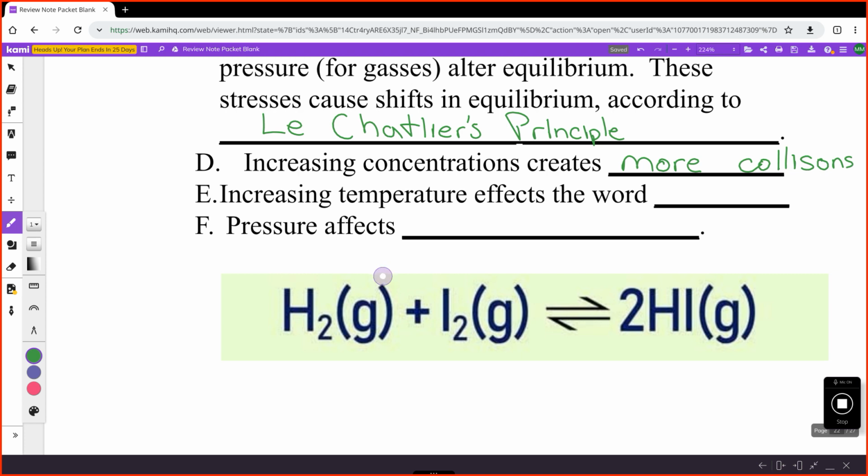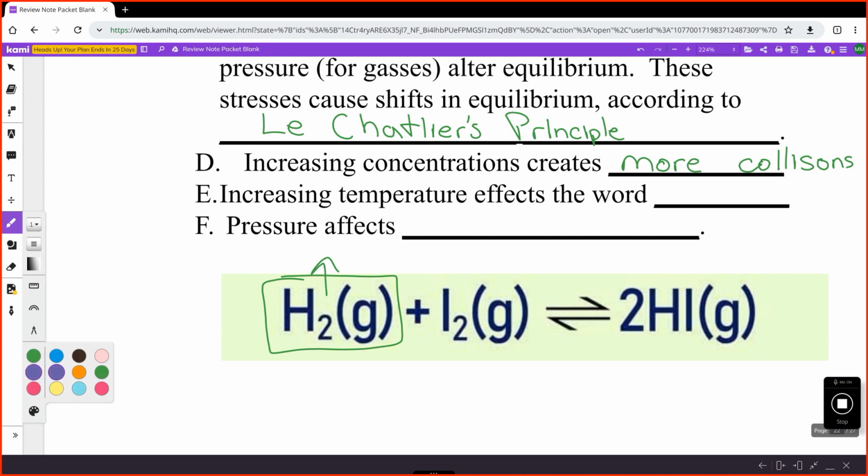Now, what I mean by that is, let's say I increase the concentration of H2. Well, if I'm increasing the concentration of H2, right, there are more collisions with H2. Now, H2 happens to be a reactant. So I'm increasing the reactions on the reactant side.